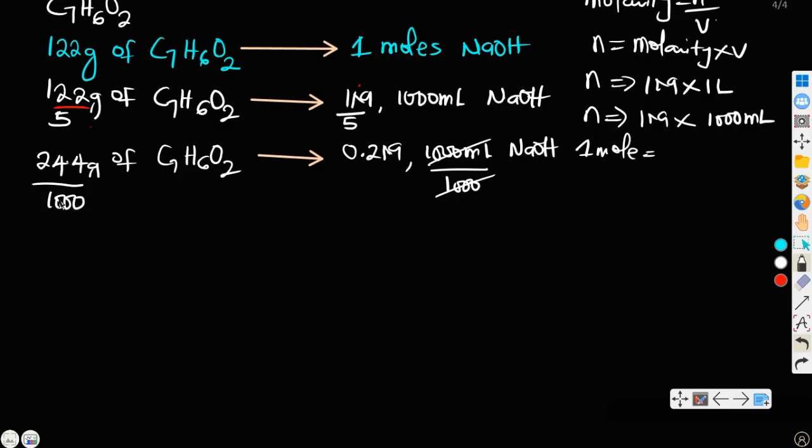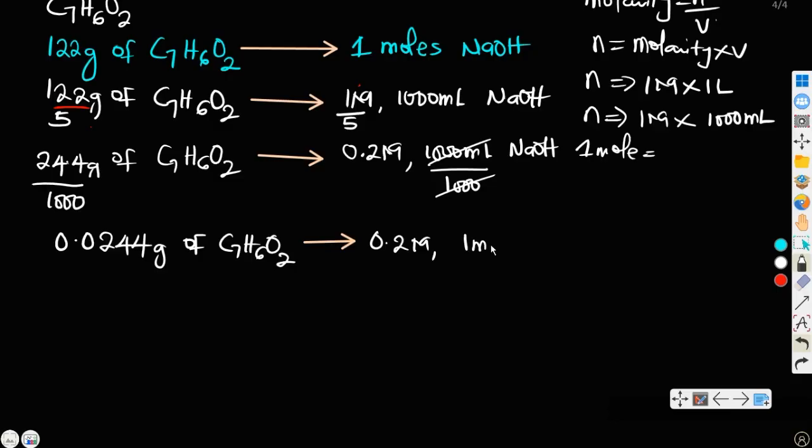And when you divide by 1000, this is going to give us 0.0244 gram of C7H6O2 to give us 0.2 molar 1 ml sodium hydroxide. So this is the milli equivalent.